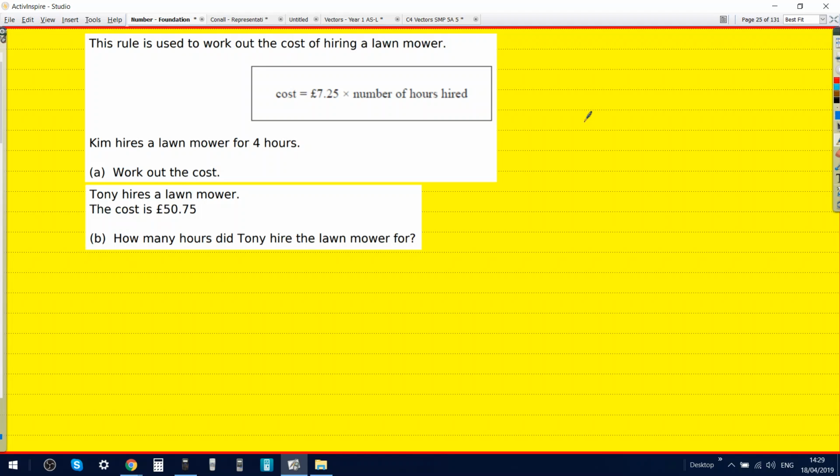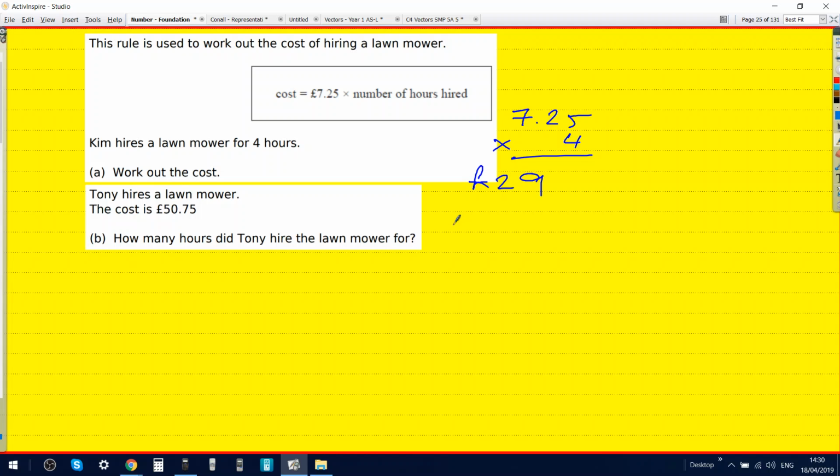The cost. A would just be 4 times £7.25. And then how about B? How many hours did Tony hire the lawnmower for? All right, so the cost is £50.75.